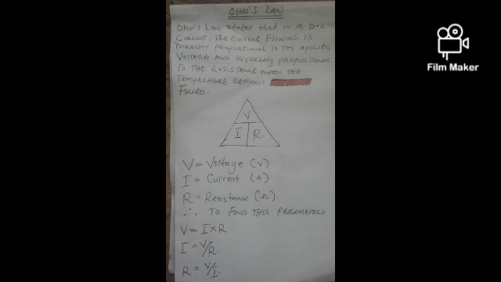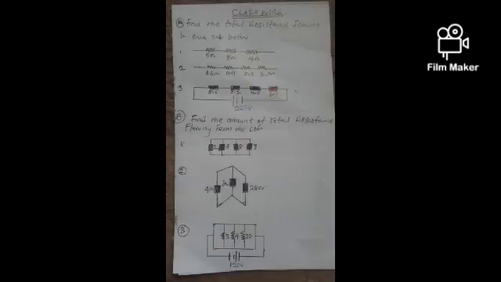If you want to find V, it is I times R. The triangle simplifies it for us to have more understanding. I is equal to V over R, and R is equal to V over I. V is voltage, the unit is V, I is current, which is A, and R is resistance.